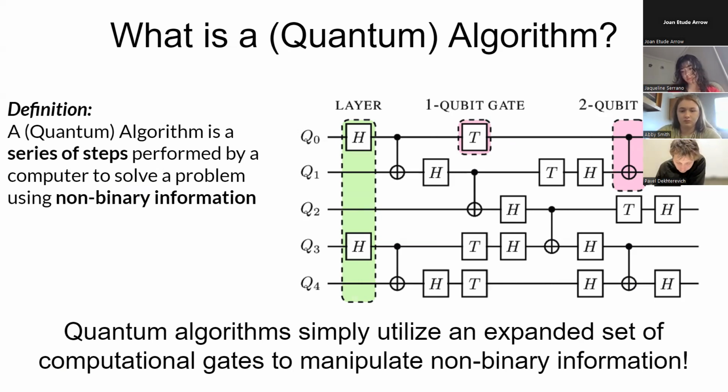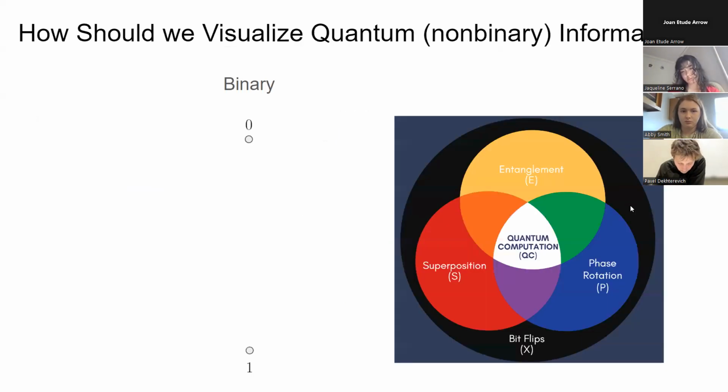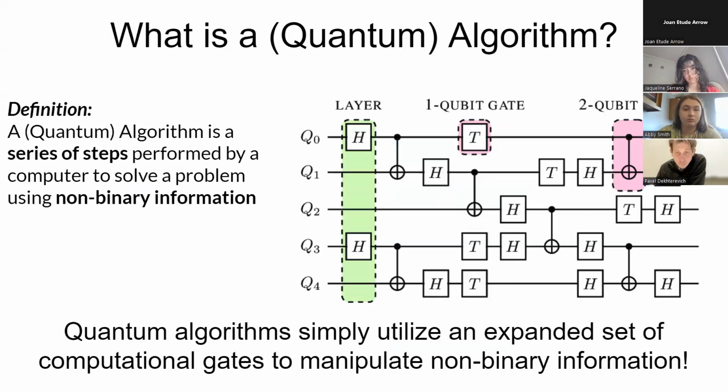So back here in this little diagram, the red circle for superposition, H could be thought of as the canonical superposition gate. So it's bringing in the quantum phenomenon of superposition. Now, I'm not telling you why it's doing that or how superposition helps. That's stuff we could get to. But that's what it's doing there.